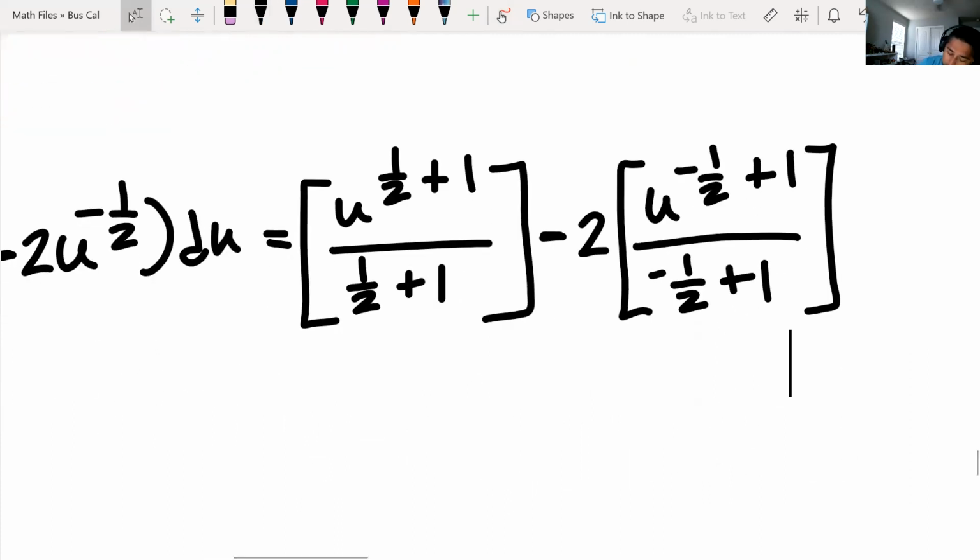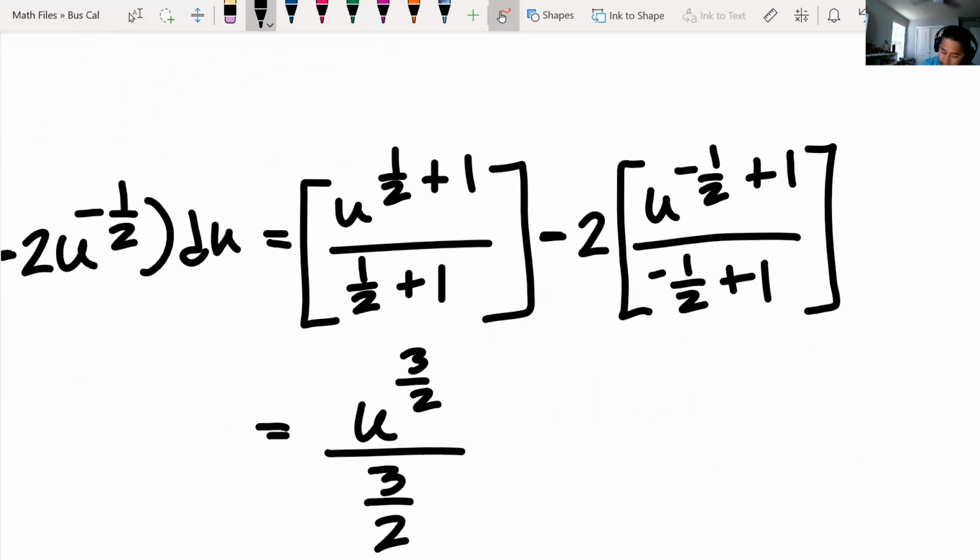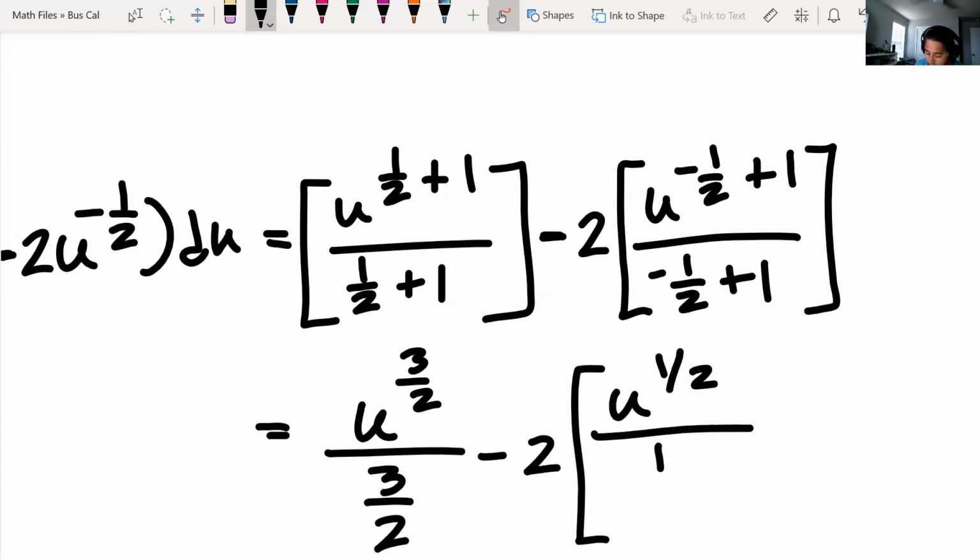And now clean up. We learned last time this gave me u to the 3/2 over 3/2 minus 2 times, well, negative 1/2 plus 1, that's a positive 1/2 over 1/2.